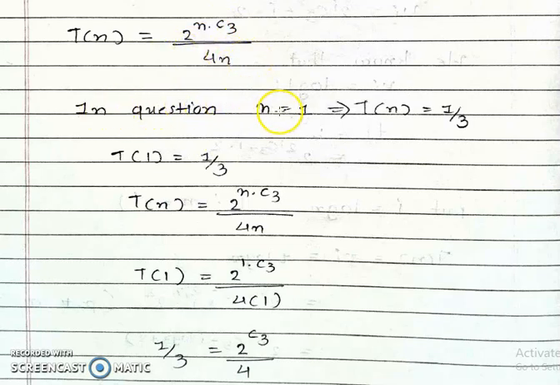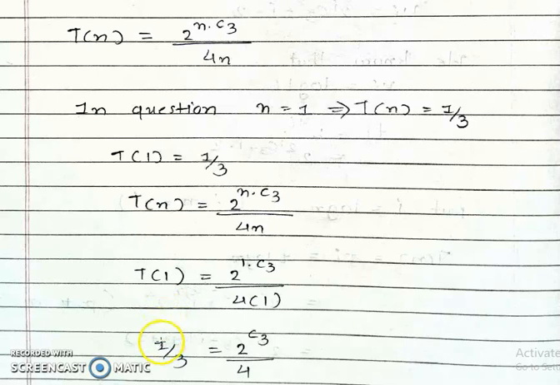In the equation, when n is equal to 1, the value of T of n is equal to 1/3. So we put n is equal to 1, and the value of this equation is equal to 1/3. So T of n is equal to 2 raised to n into C3 divided by 4n. Then put n equal to 1.